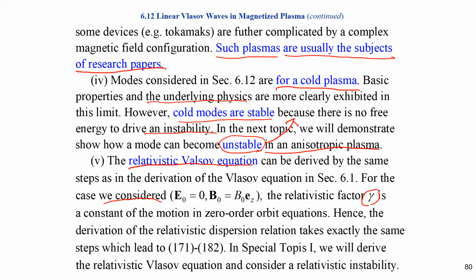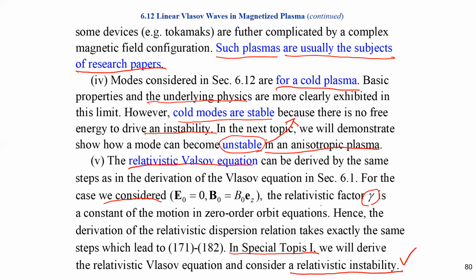Hence, the derivation of the relativistic dispersion relations takes exactly the same steps. In special topics 1, next week, we will derive the relativistic Vlasov equation and consider a relativistic instability. That will be very interesting.